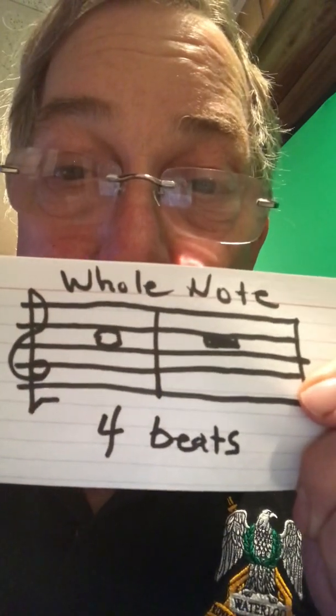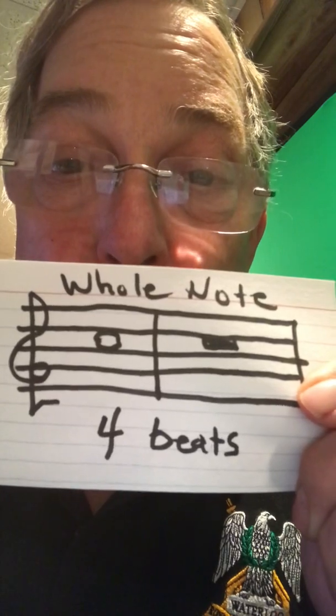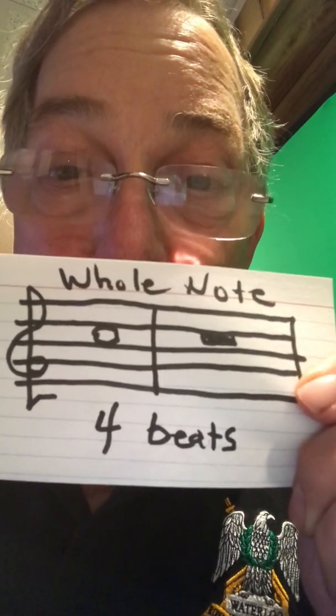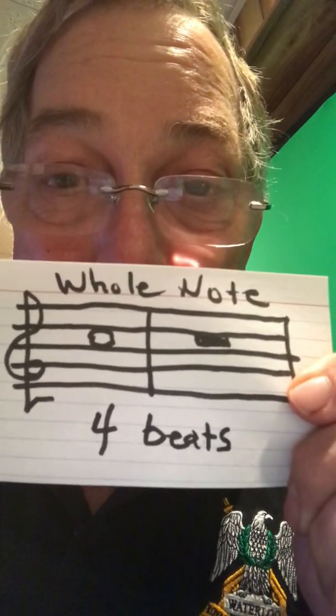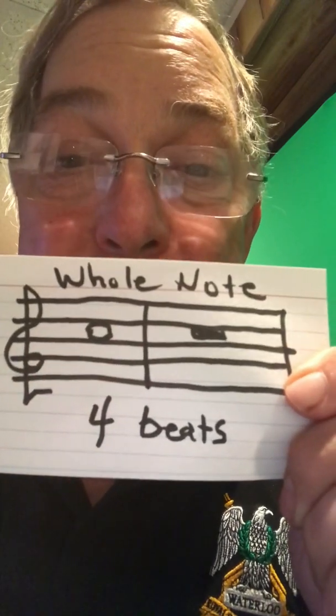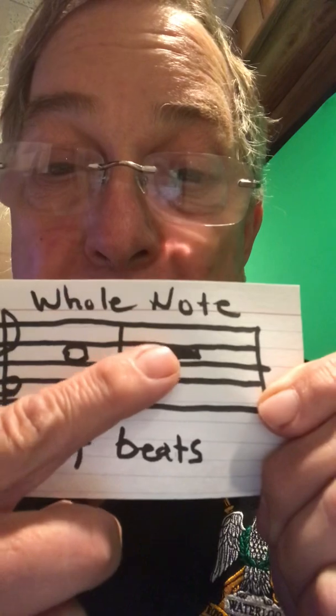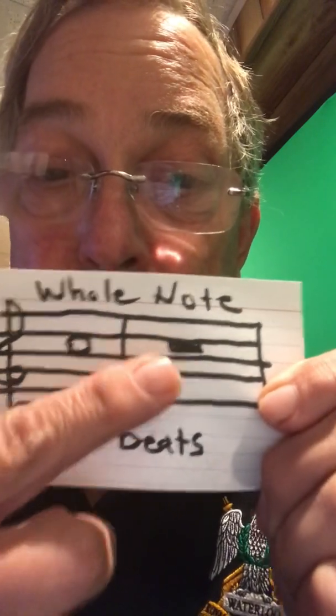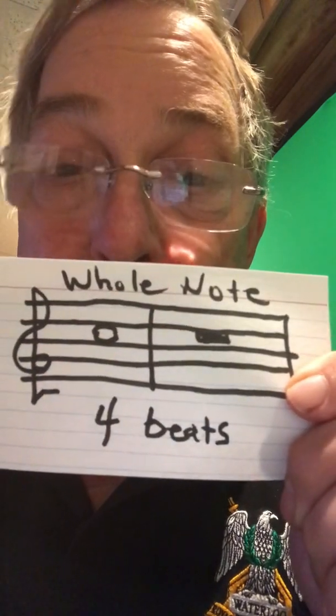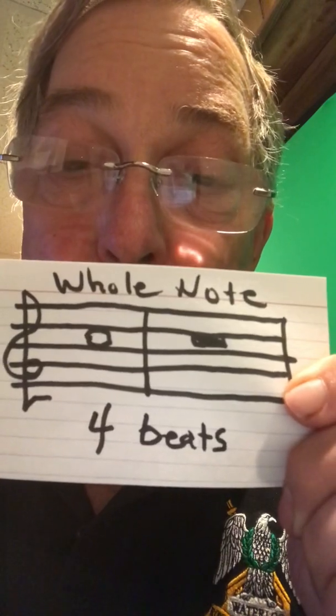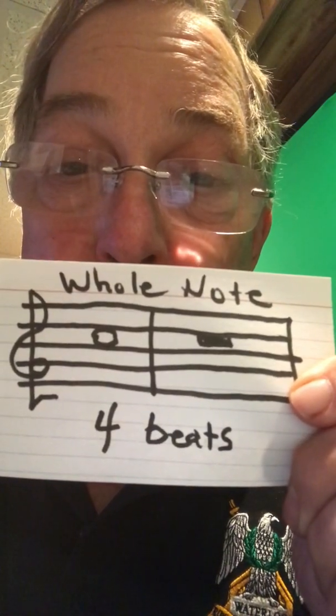Every one of these note values has a corresponding value of silence, which is called a rest. This is a whole rest right here. It hangs down from the line. Looks like that. That means 4 beats or 4 pulses of silence.